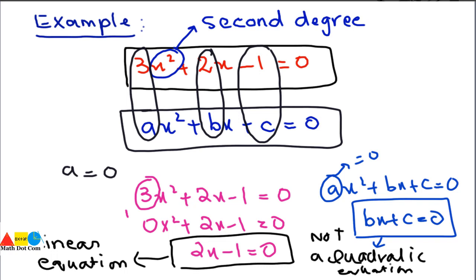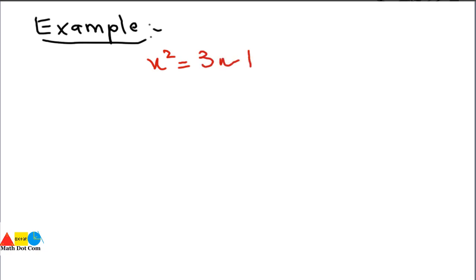Let's discuss some more examples, as sometimes we will come across equations that are not written in the standard form, but they are actually quadratic equations. How? Let's say you are given an equation x square equals 3x minus 1.